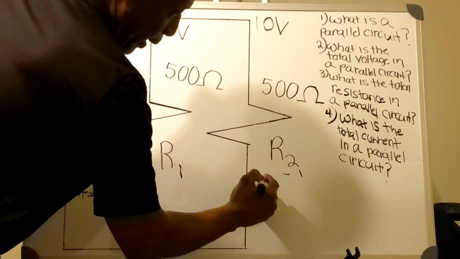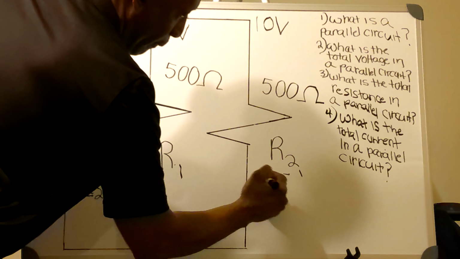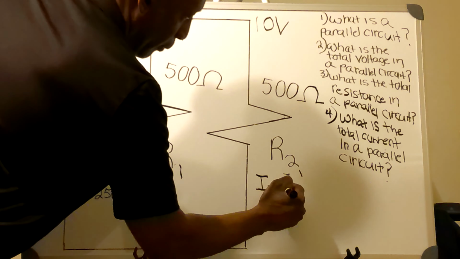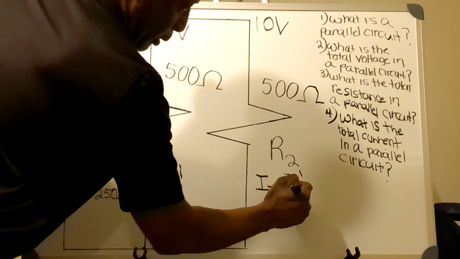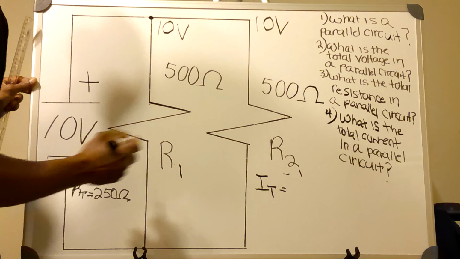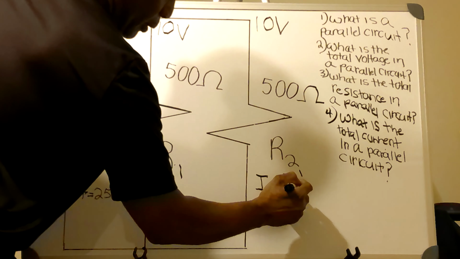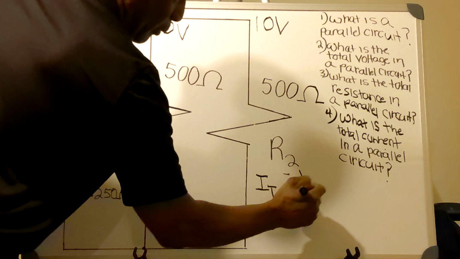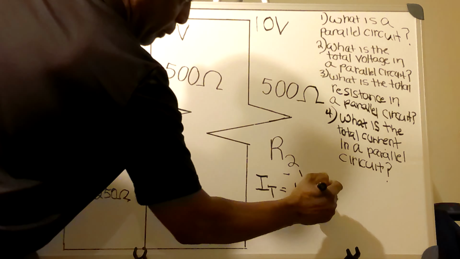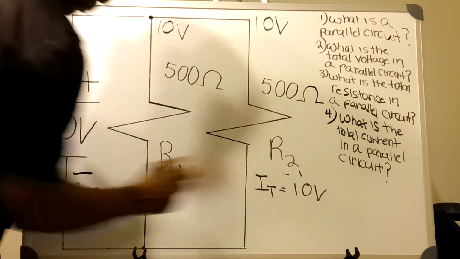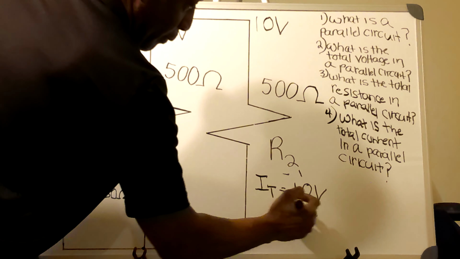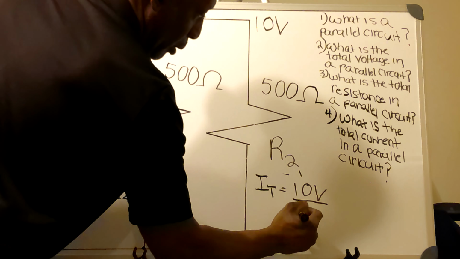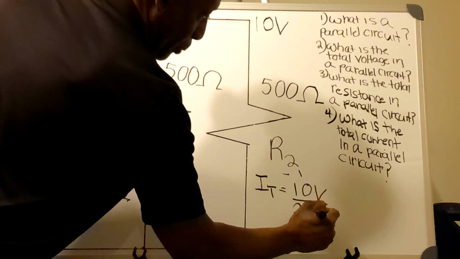So IT, T means the total current, equals the total voltage, which is 10 volts, divided by the total resistance, which is 250 ohms.